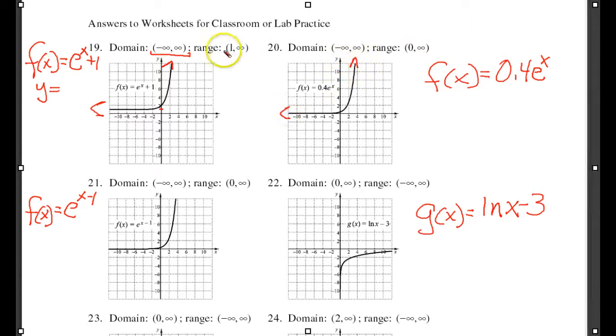And domain is the same for both of these. In fact, the only one where the domain is not this is this one here, while the range, again, will go from infinity, and this eventually goes up here, and that would be infinity. And notice this one with a -1 is, again, a little bit toward the plus side here.